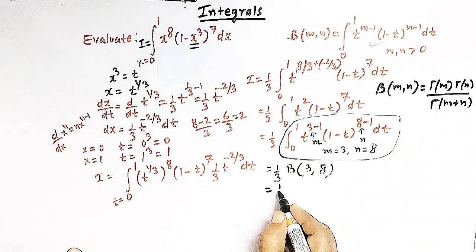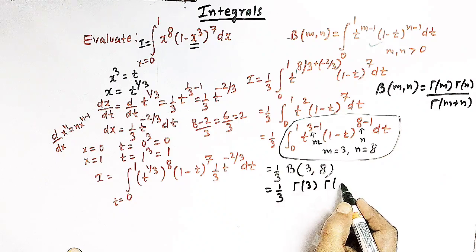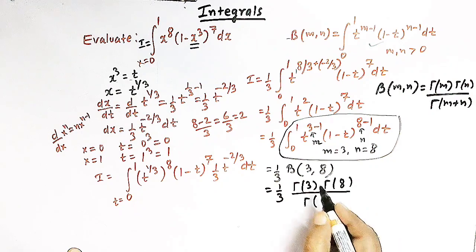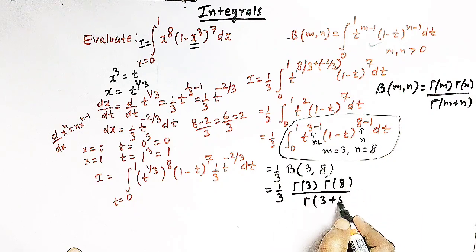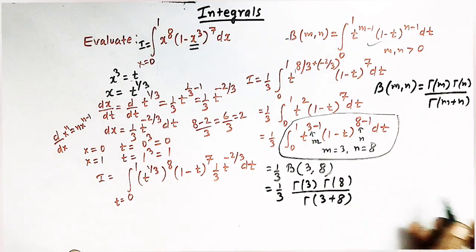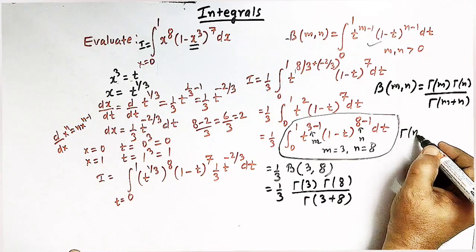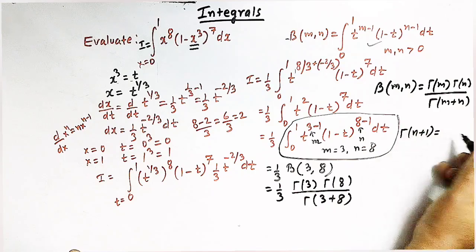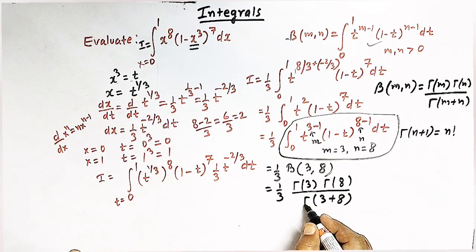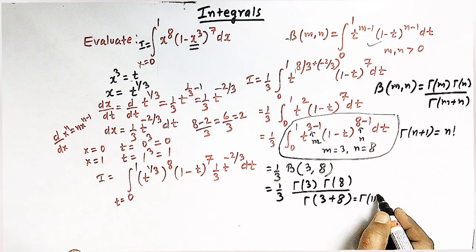So here we have 1 over 3, then we have gamma 3, then we have gamma 8 divided by gamma 3 plus 8, right? So now we can use another result, that is gamma n plus 1 is equal to n factorial, right? And here gamma 3 plus 8 is equal to gamma 11.